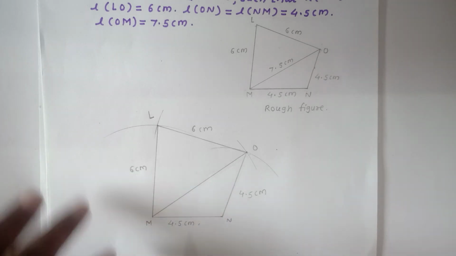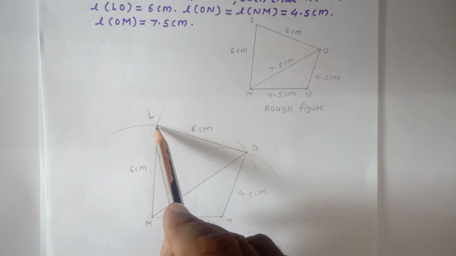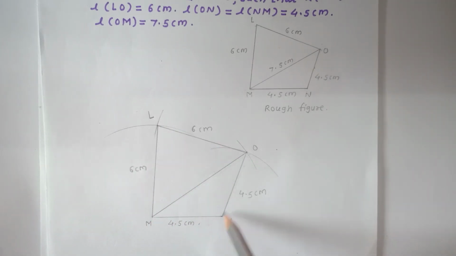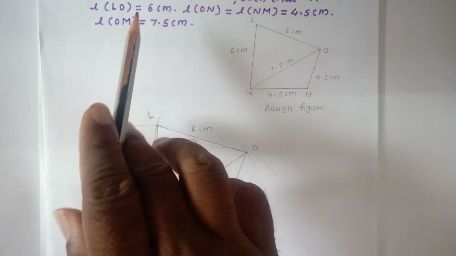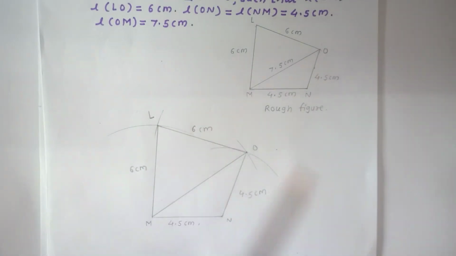In this way we have drawn the quadrilateral LMNO by using the information given in the example.